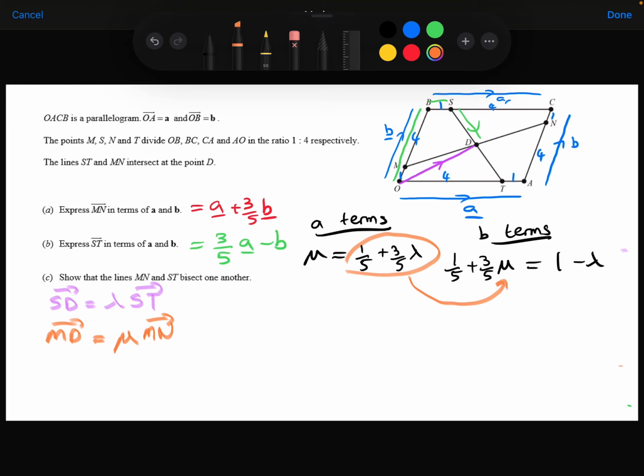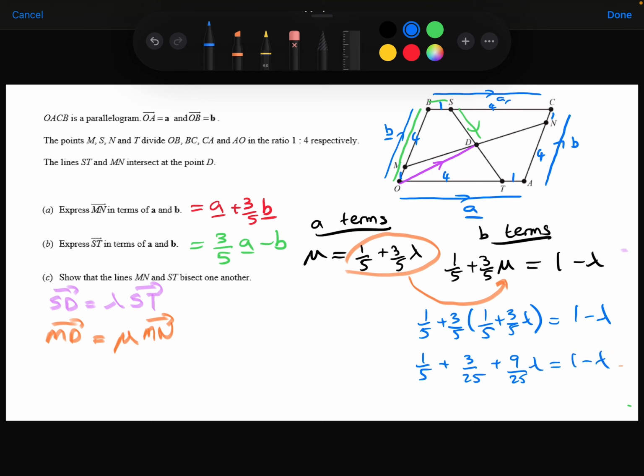So I'm going to get 1/5 plus 3/5 times the 1/5 plus 3/5 lambda equals 1 minus lambda. Expanding those brackets out, the 3/5 times the 1/5 is 3 over 25. The 3/5 times 3/5 is 9 over 25 lambda.